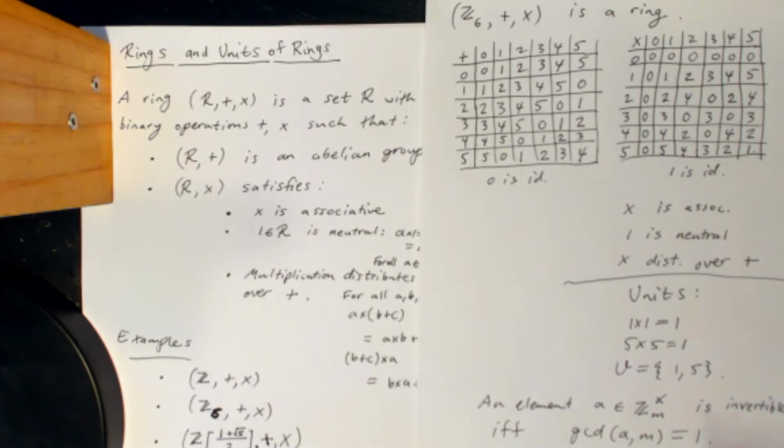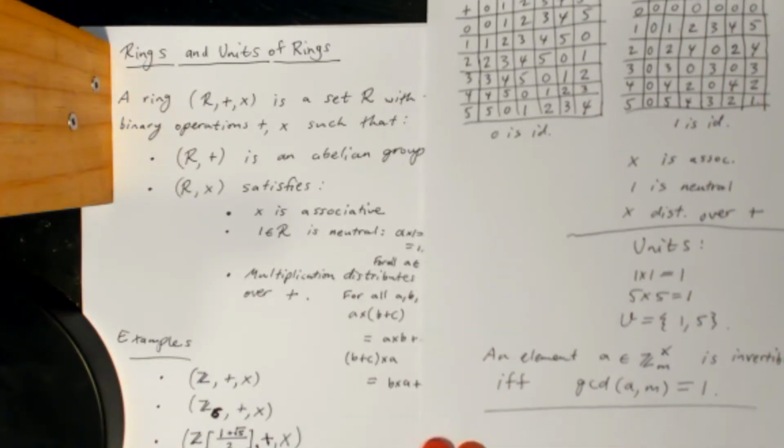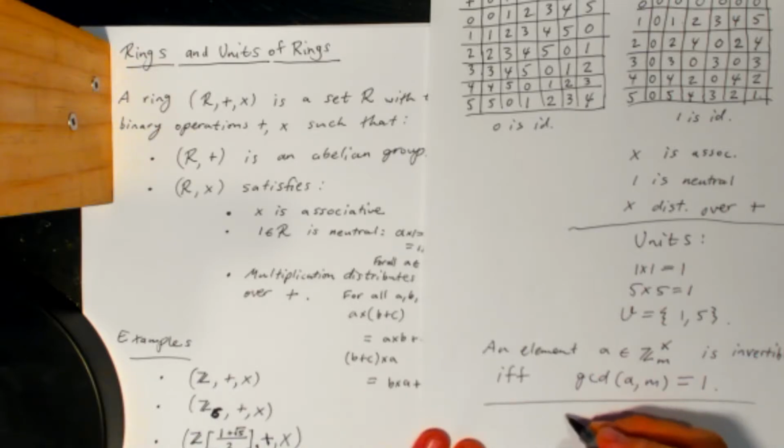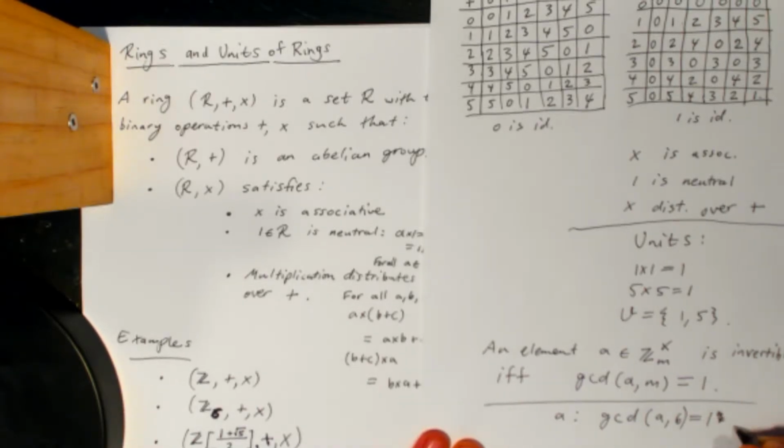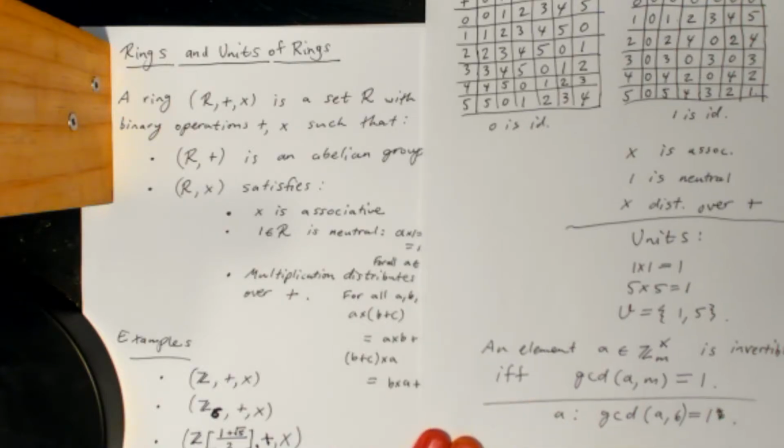Okay, so let's have a look in our Cayley table. In this case, we're interested in A such that GCD of A and 6 is equal to 1. Okay, so which numbers are relatively prime? Relatively prime is a phrase for when you have a GCD of two numbers equal to 1.